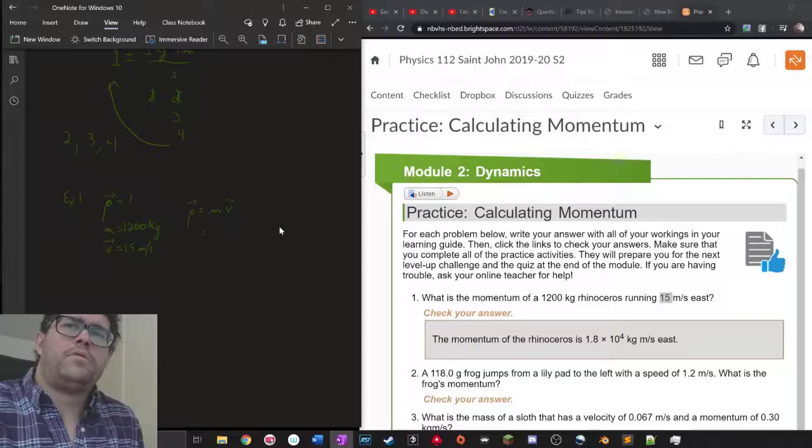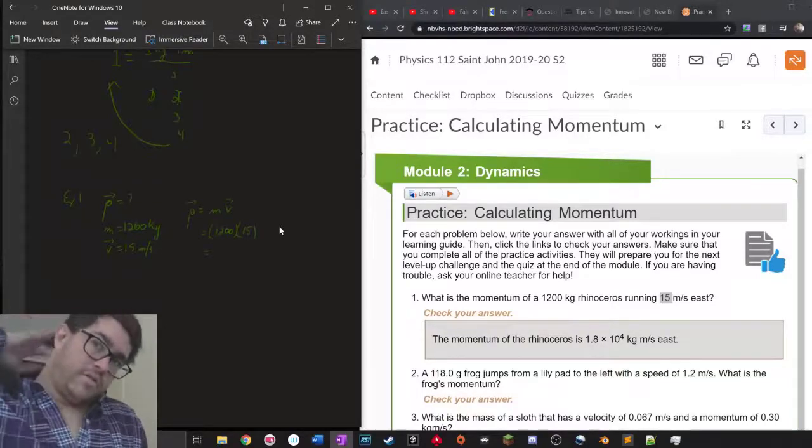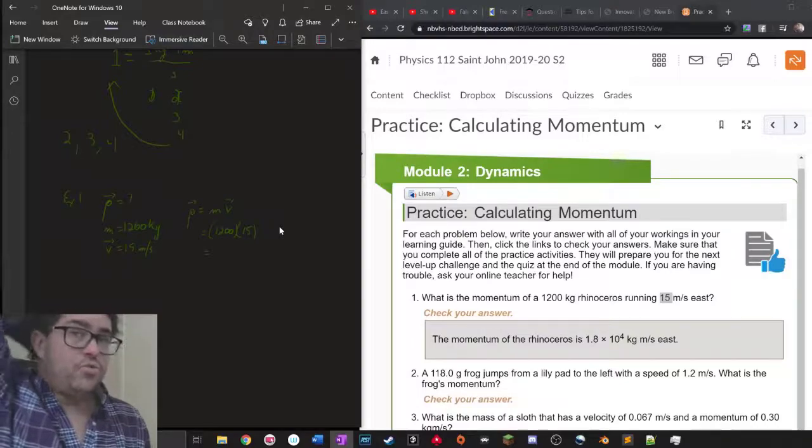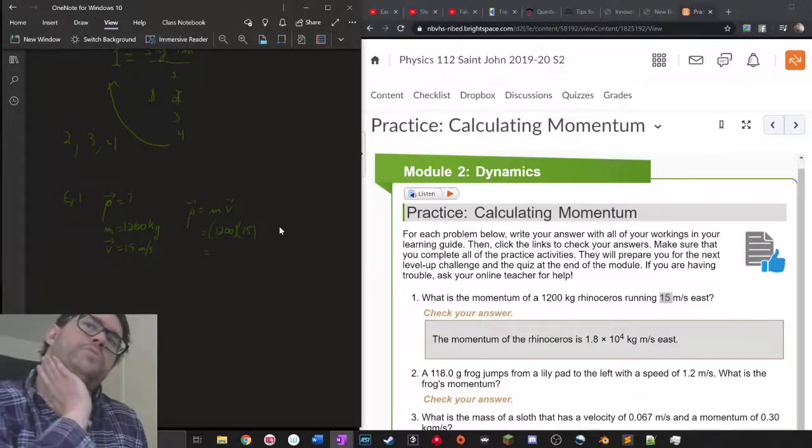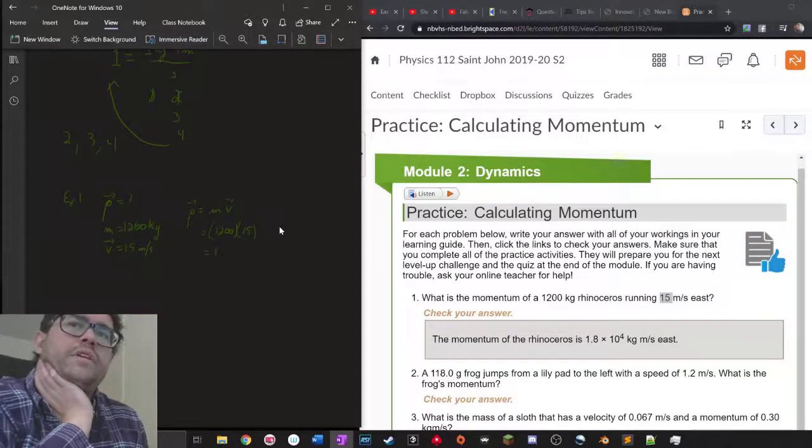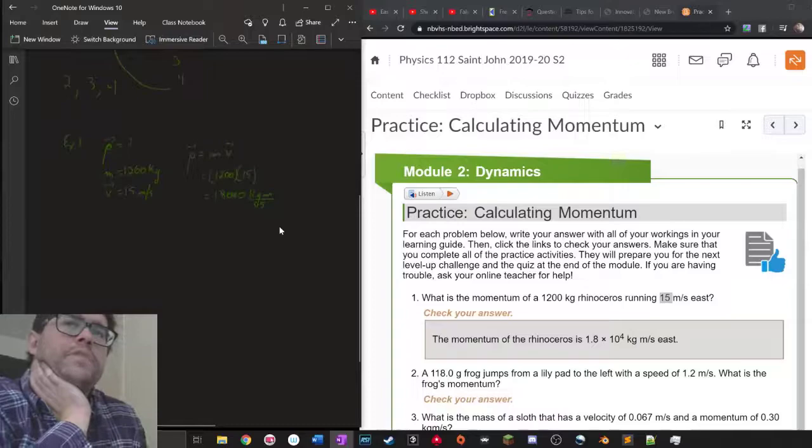So 1200 times 15. 1 times 15 will be 1500, and then 2 times 15 for the 200 will be 3000. So we're looking at 15,000 plus 3,000, 18,000 kilogram meter per second, or 1.8 times 10 to the 4 kilogram meter per second. Lots of units.